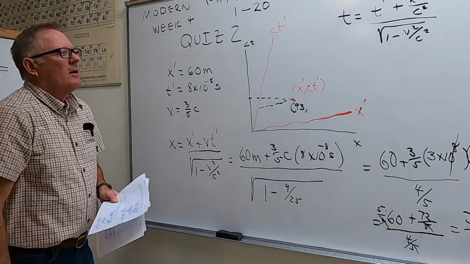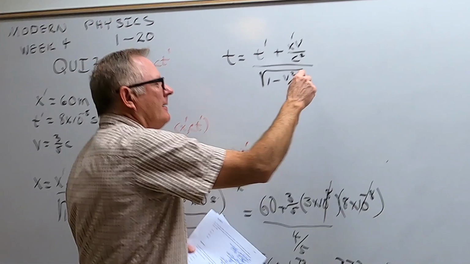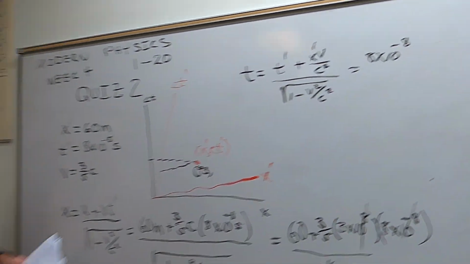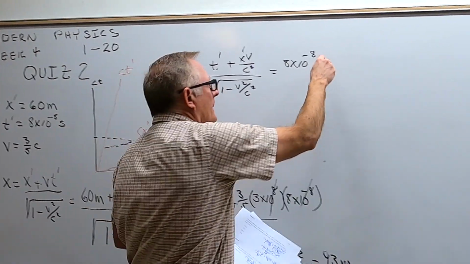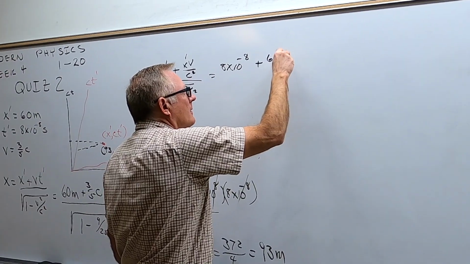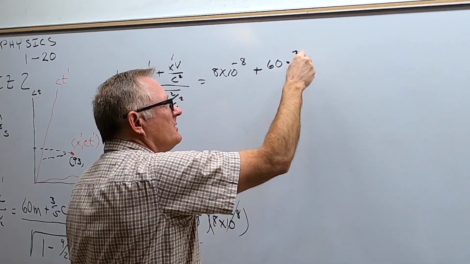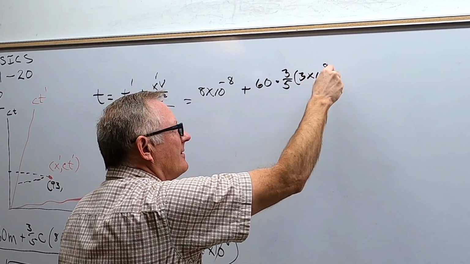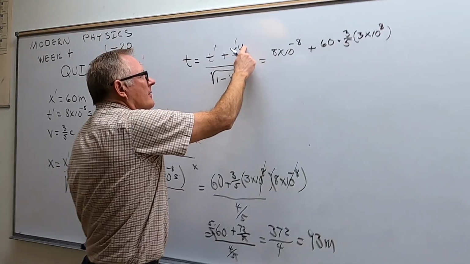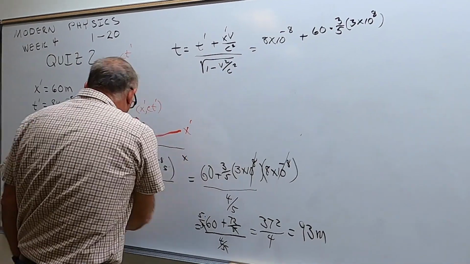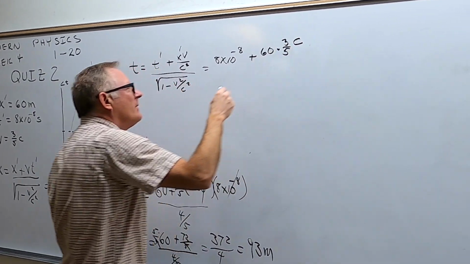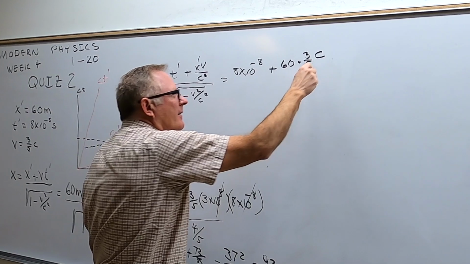Okay, so t prime, 8 times 10 to the minus 8, plus x prime, which is plus 60, times v, which is 3/5 c, which is 3 times 10 to the 8th meters per second, divided by c squared.